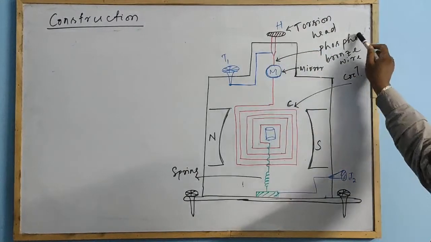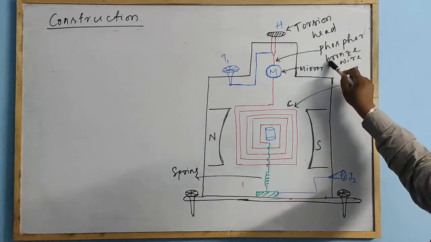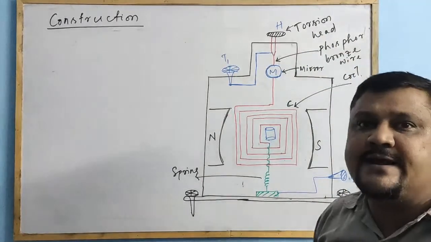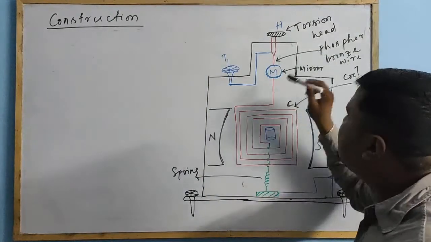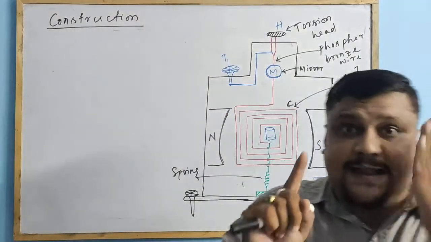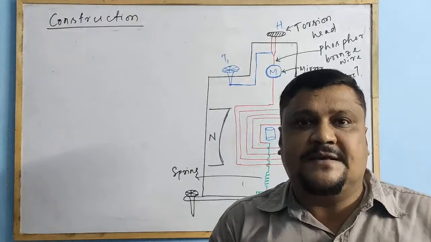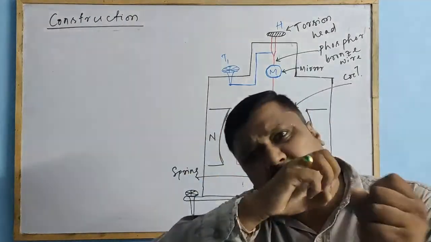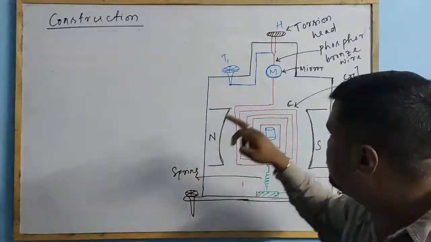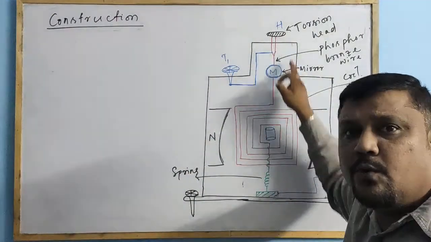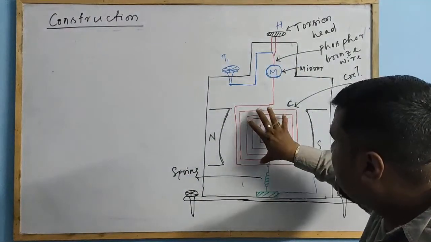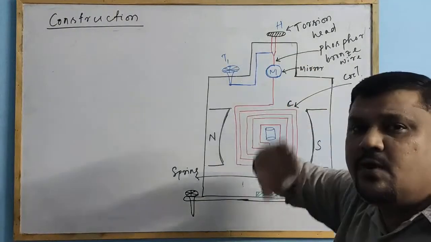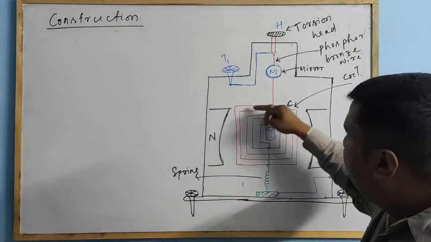head by a phosphor bronze wire. Why is phosphor bronze chosen? Because phosphor bronze is a material whose temperature coefficient of resistance is very low. The current flows through this wire into the coil, which takes the current because it is connected externally.